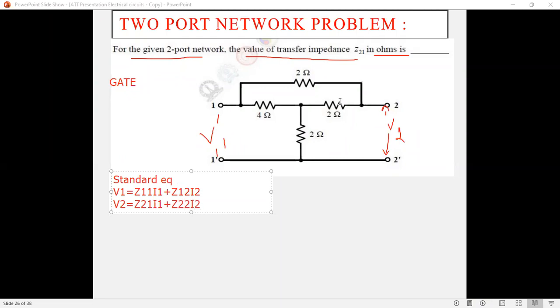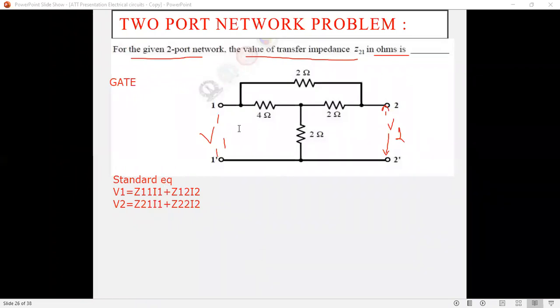So while finding the solution, we compare the equations we form with this standard equation. After comparing that, you will get the values of Z11, Z12, Z21 and Z22. So we get these four parameters as a matrix. If we compare this with the standard equation of Z parameter, we get the values Z11, Z12, Z21 and Z22.